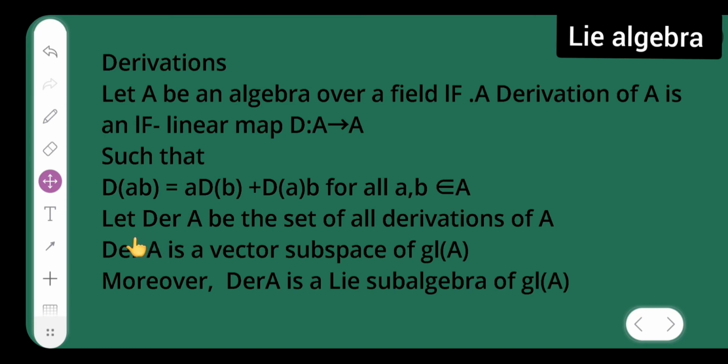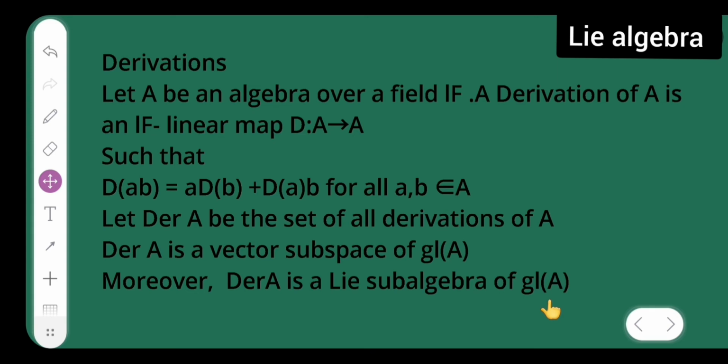Now, let Der(A) be the set of all derivations of A. Der(A) is a vector subspace of GL(A). Moreover, Der(A) is a Lie subalgebra of GL(A).